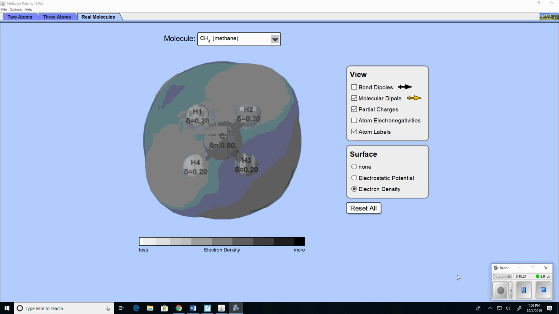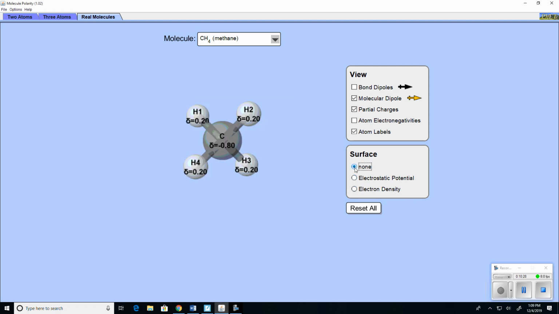So for number 16, I have selected methane, which is CH4. Again, if I get rid of some of these things, maybe you can see it a little bit better. Here's carbon. Here are 4 different hydrogens bonded to it. Now, if I click on molecular dipole, notice there is no real arrow anywhere.